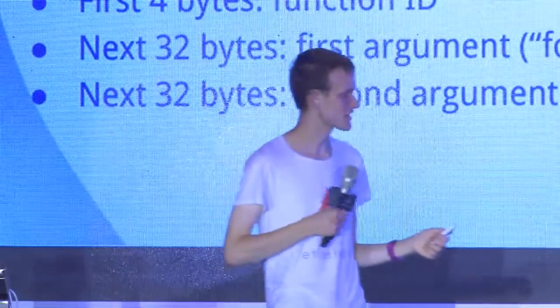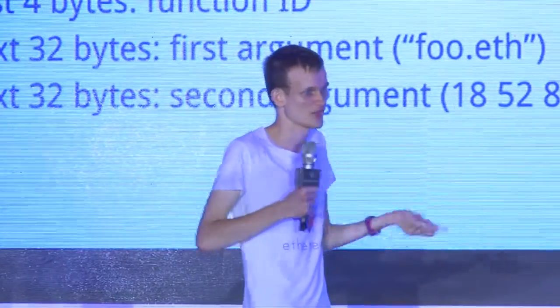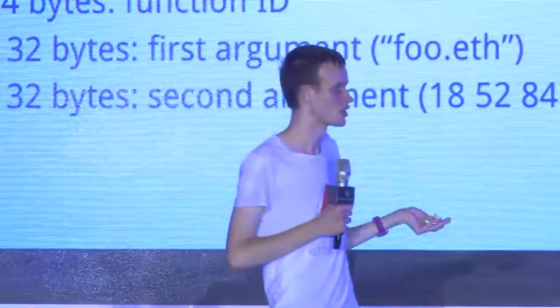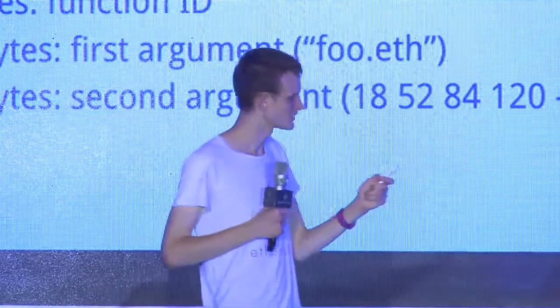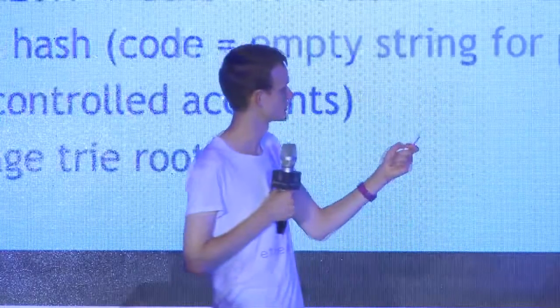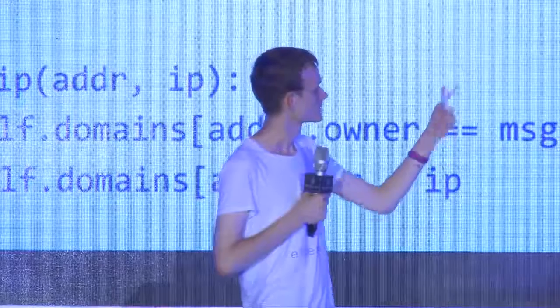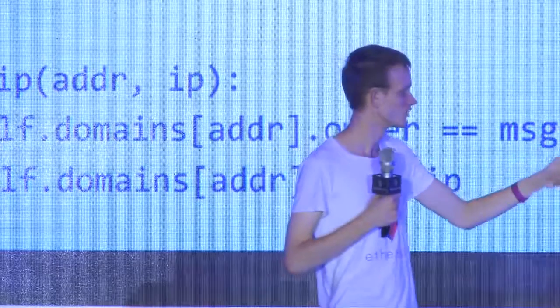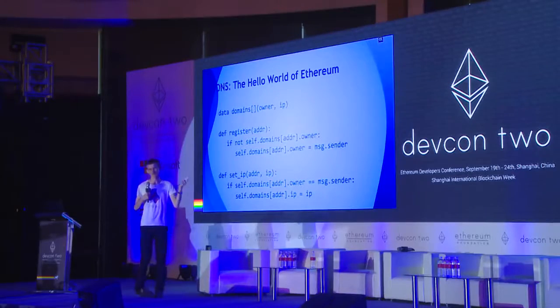ABI. So this is basically that if I want to call some contracts and if I want to register a domain name, then how am I going to do that? Well, over in the Serpent example, you might notice that I might want to do something like call the setIP function with some particular address and with some particular IP address.